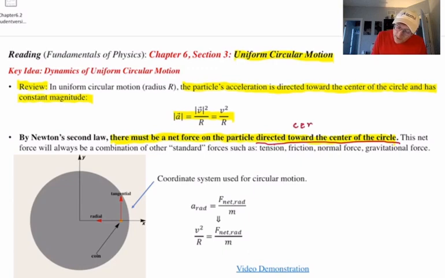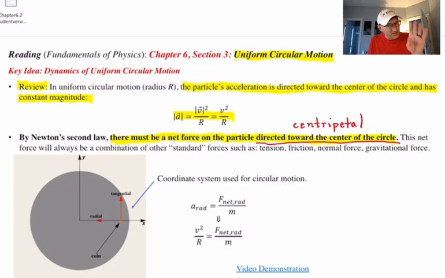That word is centripetal. And so you will hear physicists talking about centripetal acceleration. They just mean uniform circular motion with the acceleration pointing towards the center.